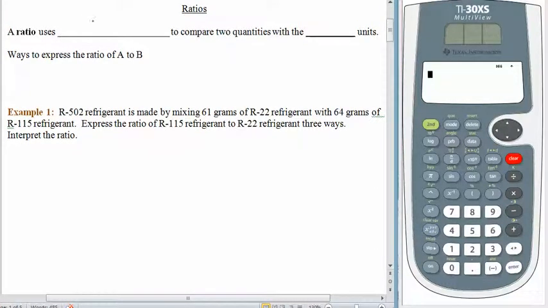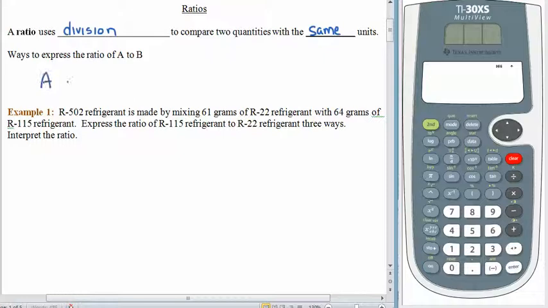A ratio uses division to compare two quantities. And the quantities that we're comparing need to have the same units. You can see a ratio many different ways. We can write it just like this.